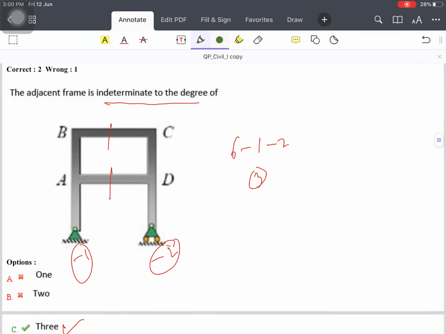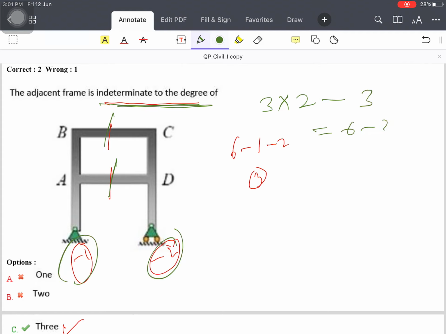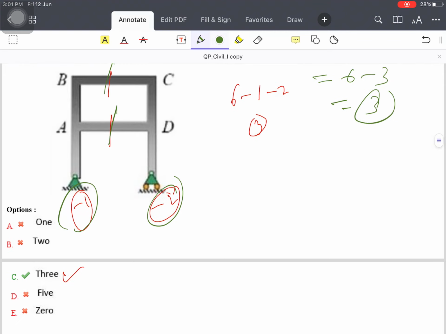The adjacent frame is indeterminate to the degree of... Number of chords is 1, 2, 3 into number of chords 3, minus, this is minus 1, this is minus 2, minus 3, 6 minus 3, 3.